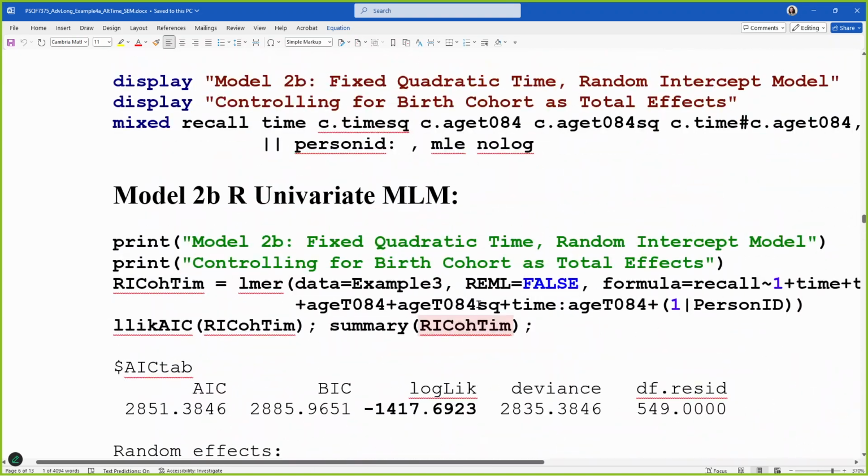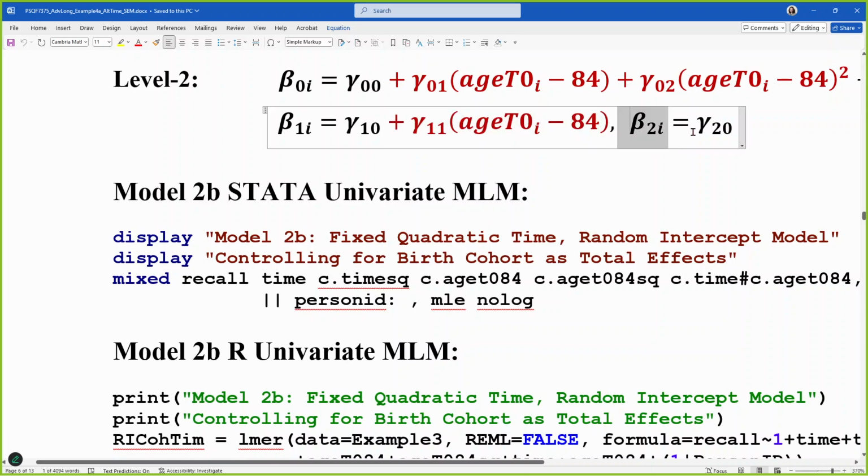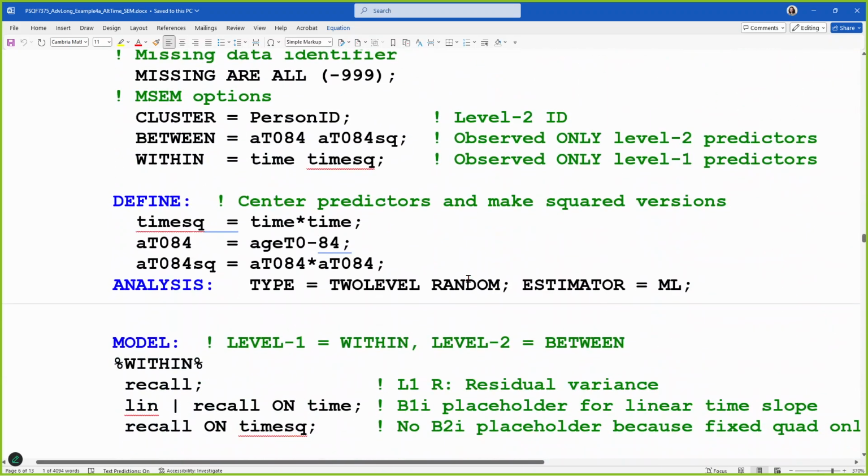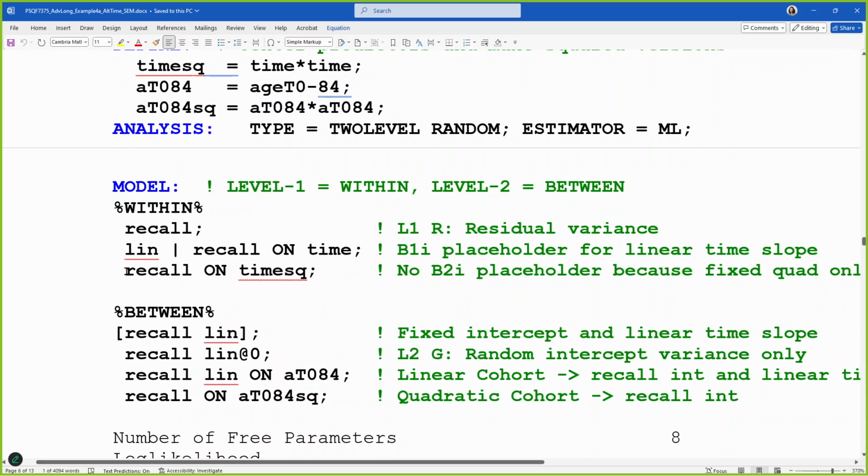In contrast, stay here for a minute, I don't have anything predicting beta 2. So that one can stay in the level 1 model if I wanted to. And I've actually seen convergence differences when you do things one way versus the other. So recall on time squared is just the fixed quadratic slope that's not moderated and it's not random. Lin is going to be the linear slope that then gets moderated in the between model.